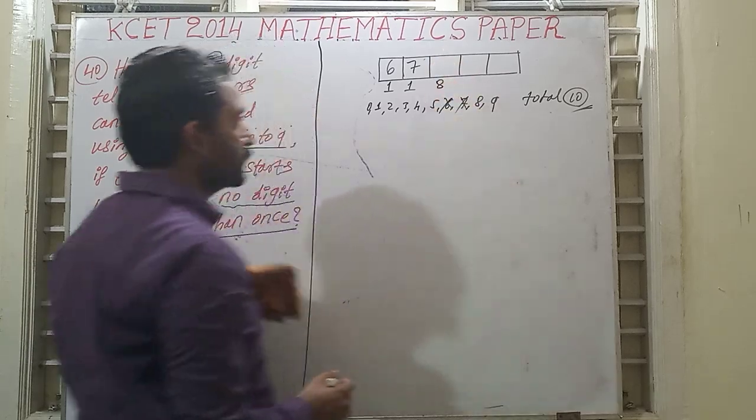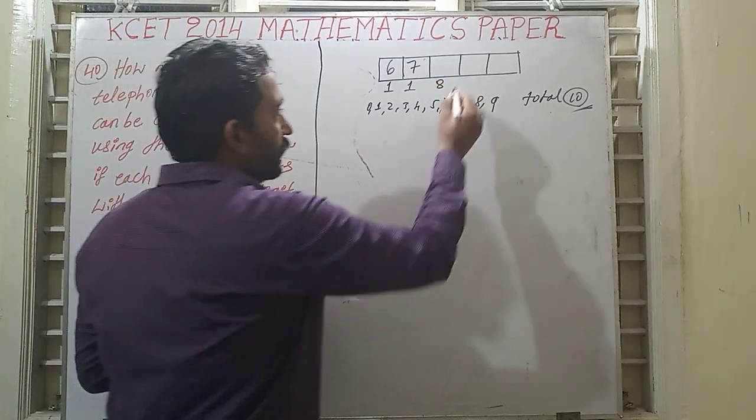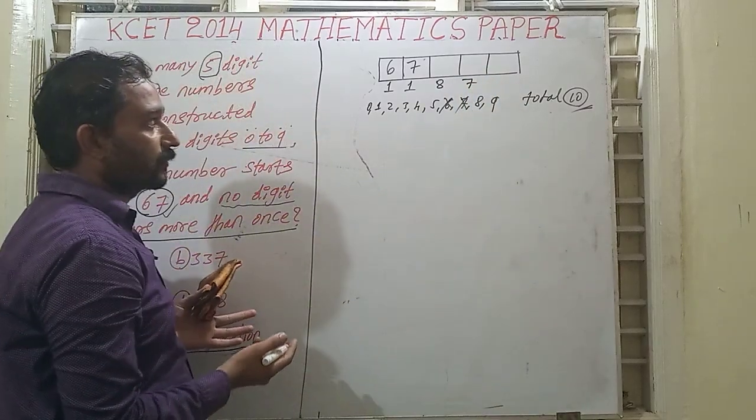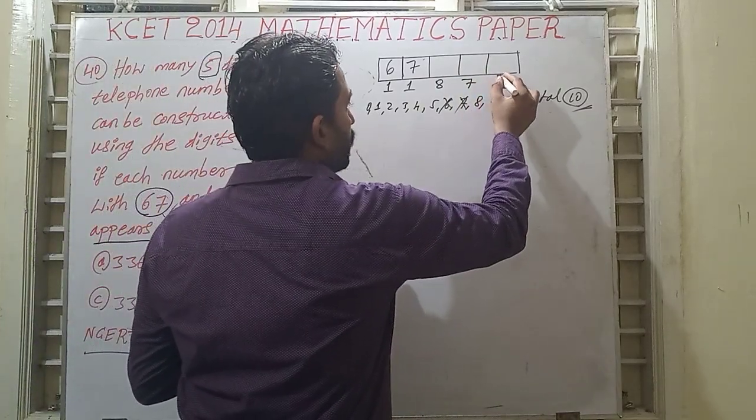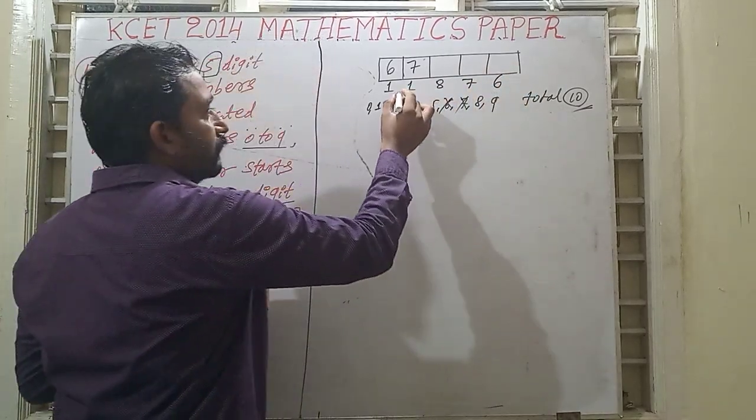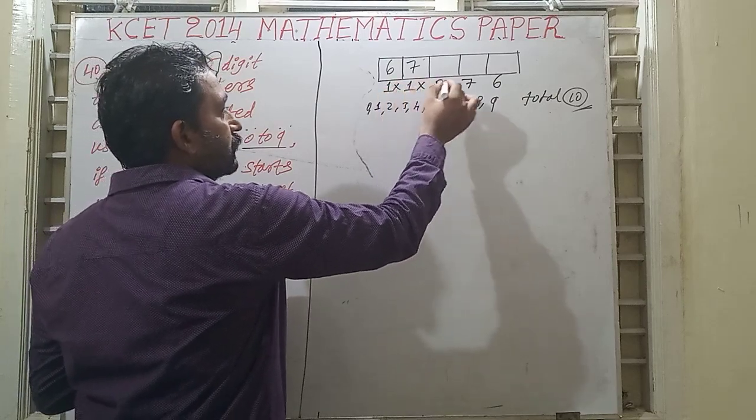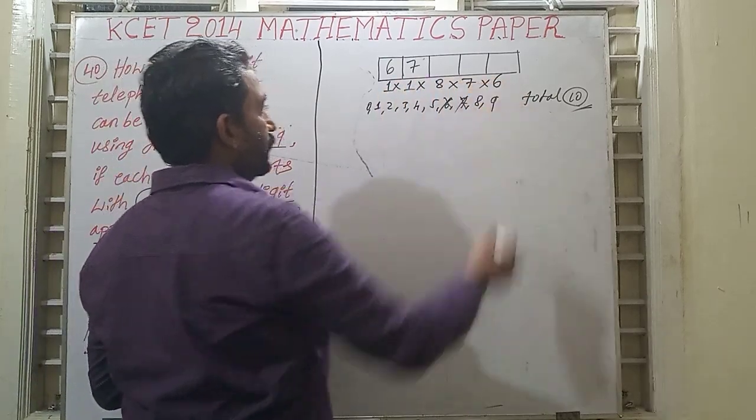Next, repetition is not allowed, remaining 7. Next, remaining 6. By using the fundamental principle of counting, all these ways are multiplied to get the required answer.